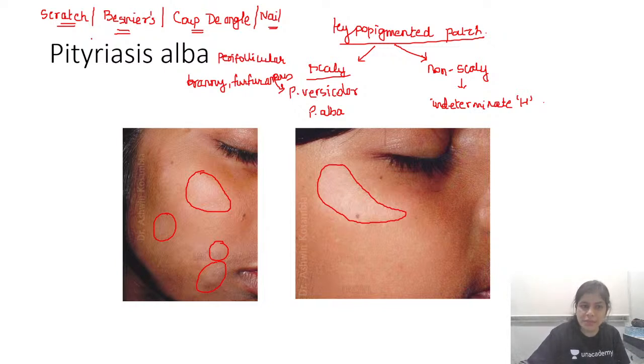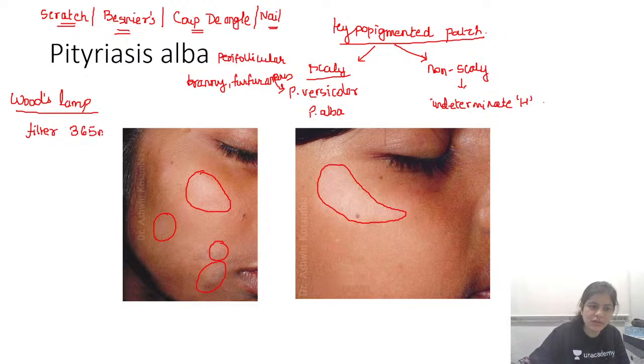Okay, and another simple way to differentiate between pityriasis alba and pityriasis versicolor is to use something called a Wood's lamp. What is Wood's lamp? Basically, this Wood's lamp contains a Wood's filter, and this Wood's filter will allow only 365 nanometers wavelength to pass through.